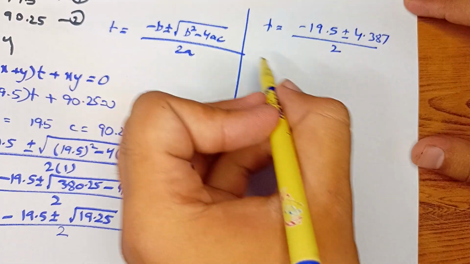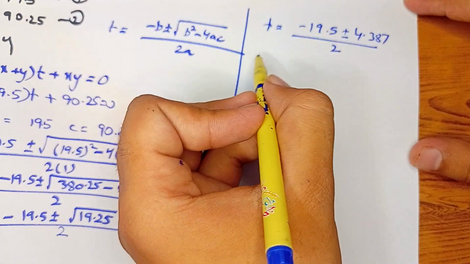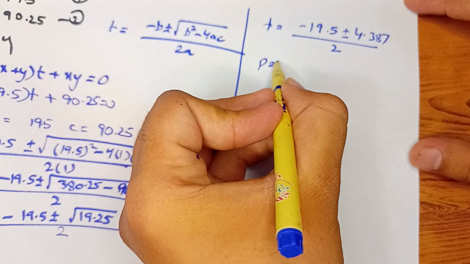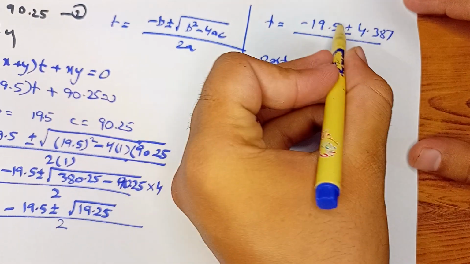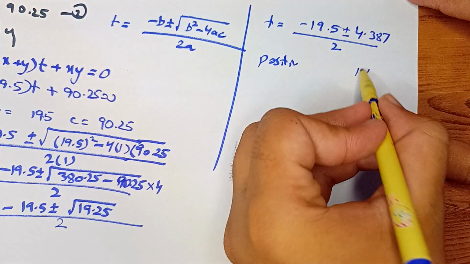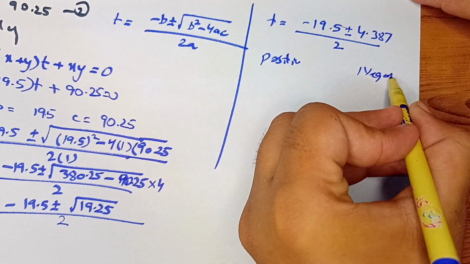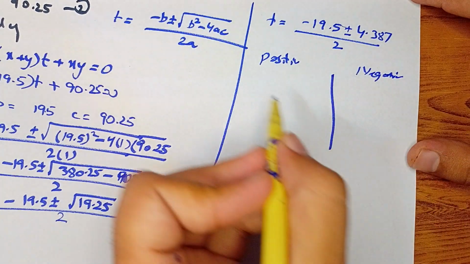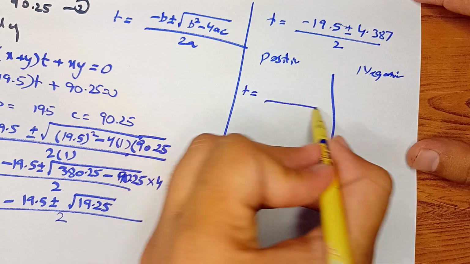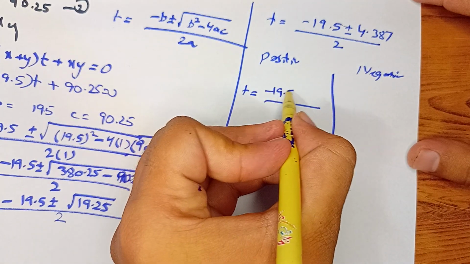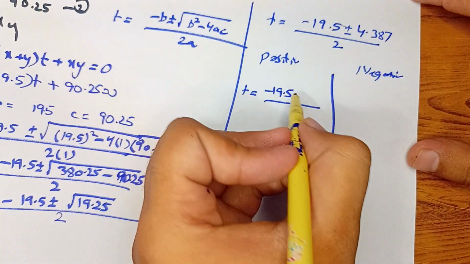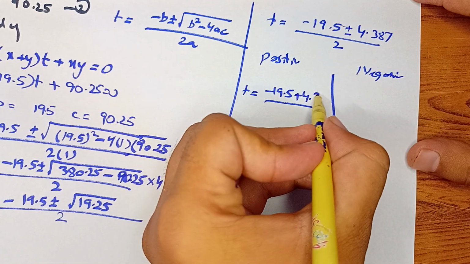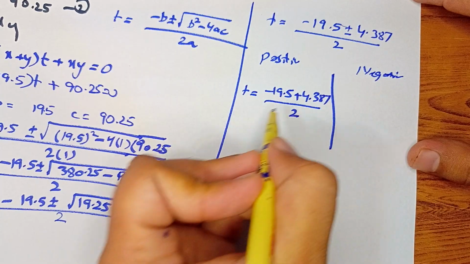There should be two values, positive and negative. We take the positive sign for one and the negative sign for the other. So for the first, minus 19.5 changes to positive when we put it in the formula, so we take positive 4.387 divided by 2.